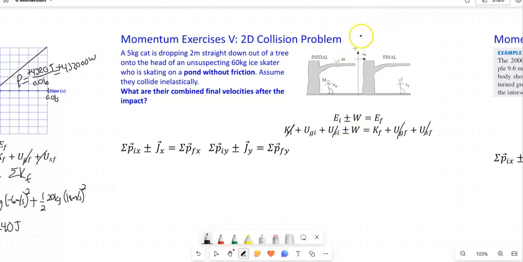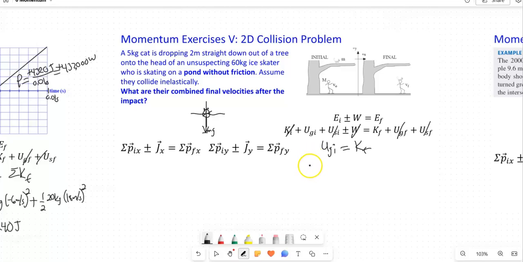Since the only thing acting on the cat, if we did a force diagram on the little kitty, is mg, okay, which is covered here. So the cat's in free fall. So the initial energy is only potential energy, and the final energy is only kinetic energy.